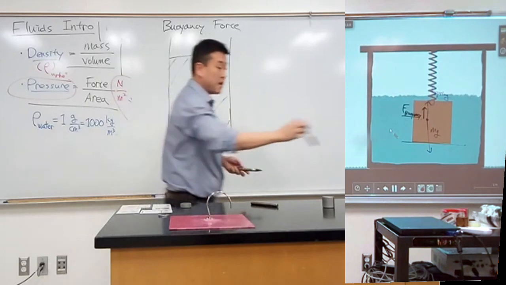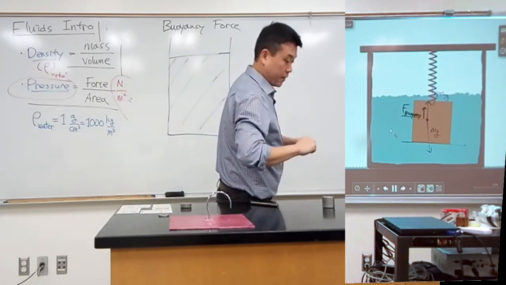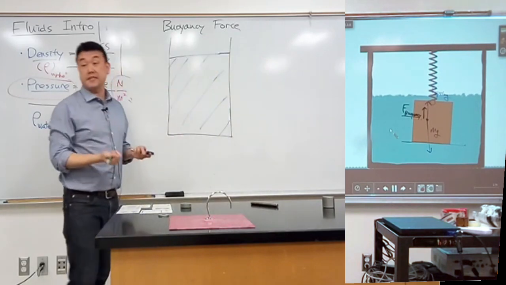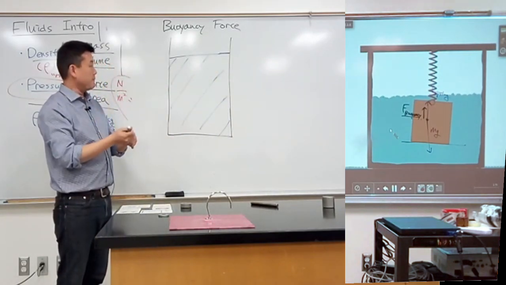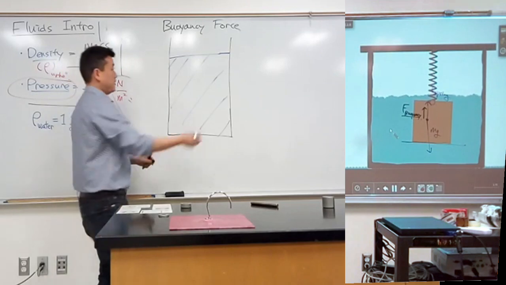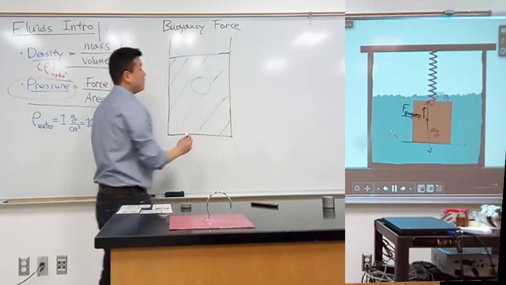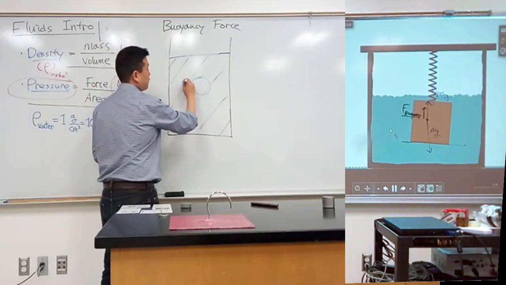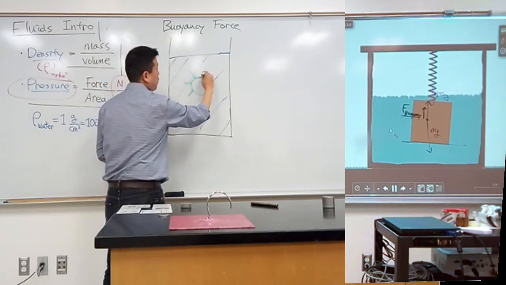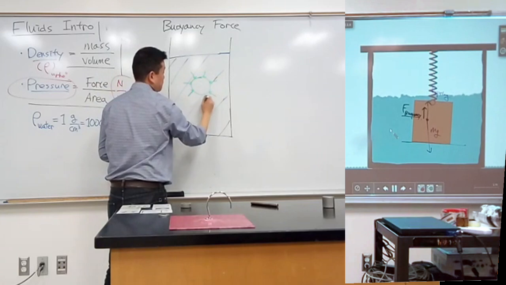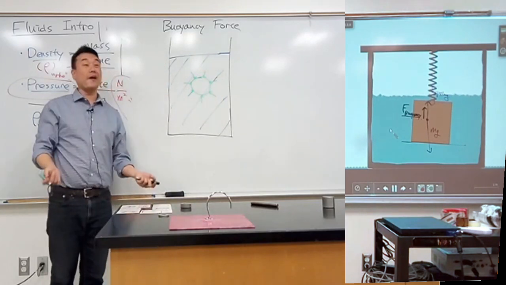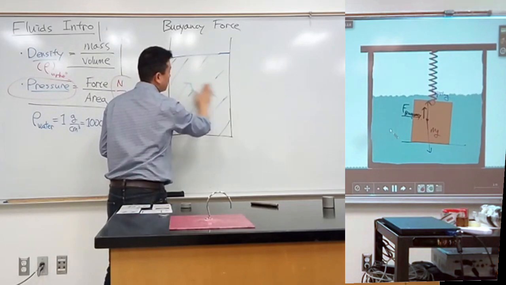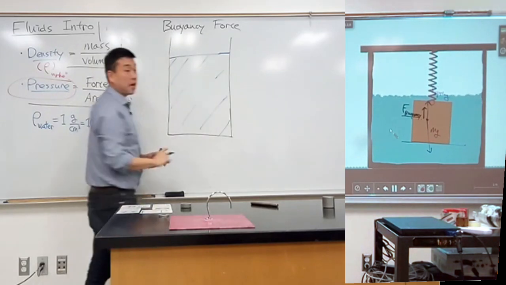So let me just imagine a cube so that we can look at the forces more easily. Because if it's a sphere, it's going to be harder to analyze. If you imagine this is a sphere here, then the force due to pressure will be perpendicular to the surface, all going around the sphere. And that's just going to be harder to analyze. So for the sake of simplicity, while we are deriving the formula, I will use a simpler geometry.